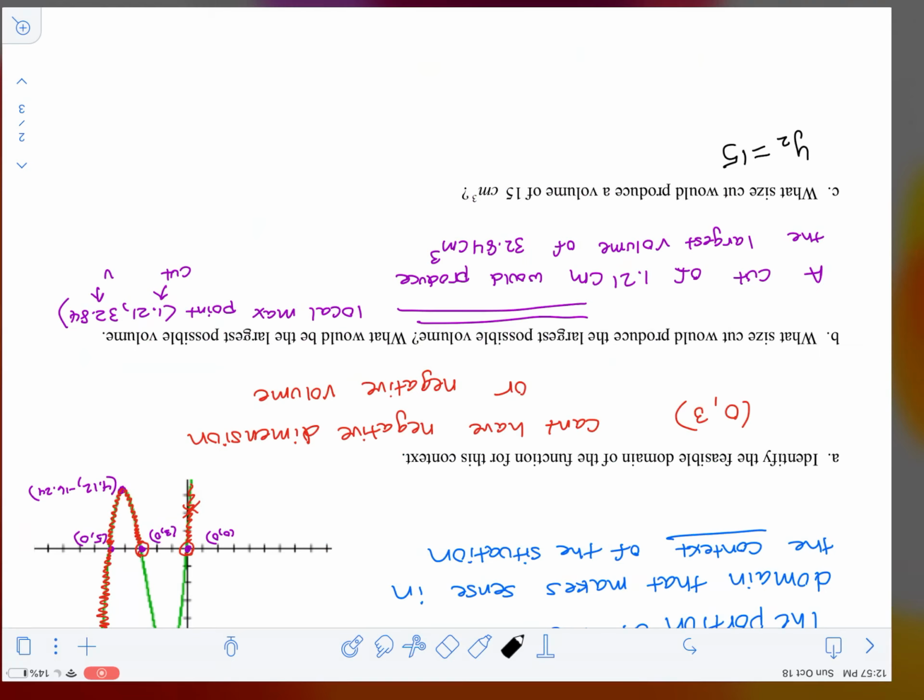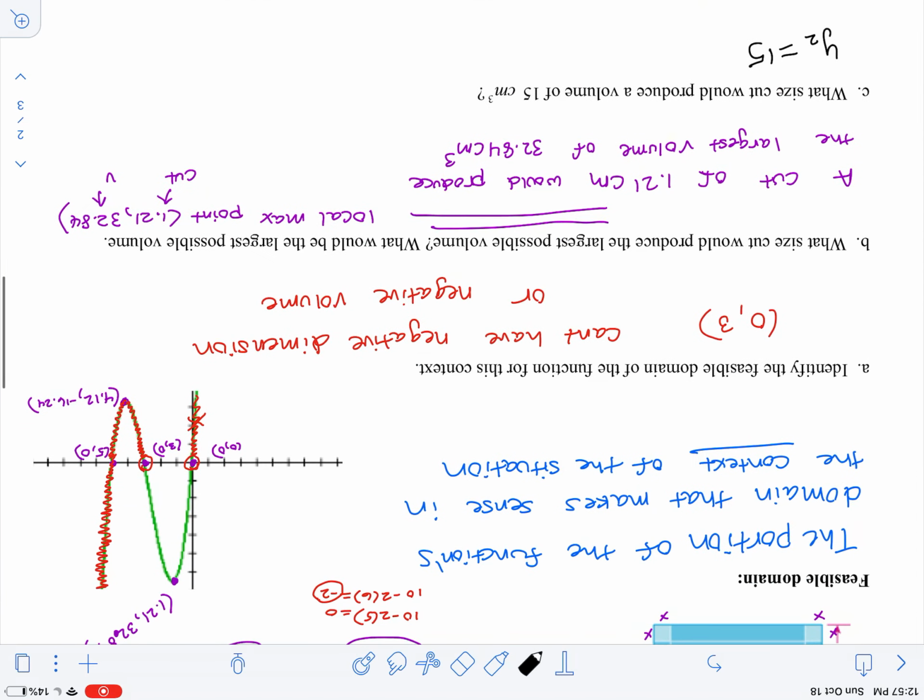So, taking a look at my graph here, if I draw this sketch in, looks like it's about right here. I'm just going to draw a sketch, right? So there's my line, y equals 15. And so there are actually two different size cuts that are going to create a volume of 15.